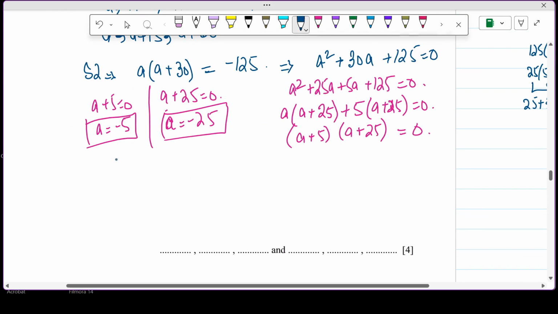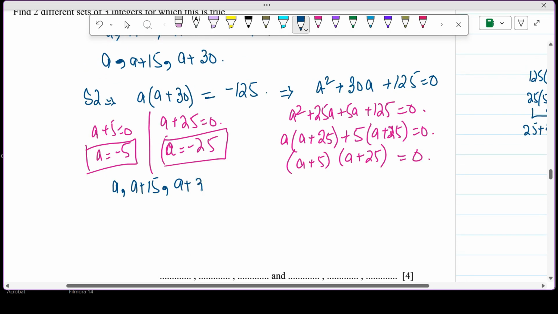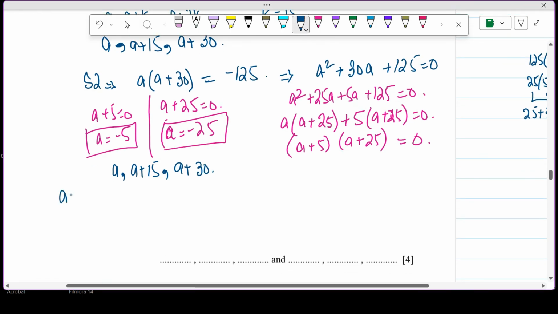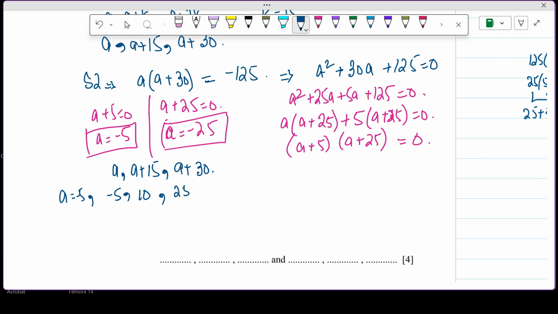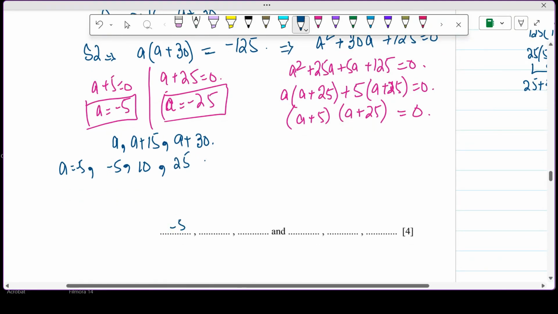So the set of integers are a, then a + 15, then a + 30. Now, when a is equal to negative 5, then this one will be negative 5. Then negative 5 plus 15 is 10. Then negative 5 plus 30 is 25. So this set is negative 5, then 10, then 25.